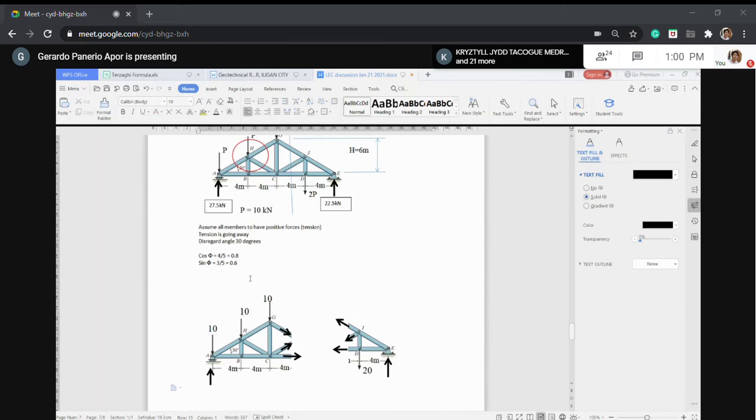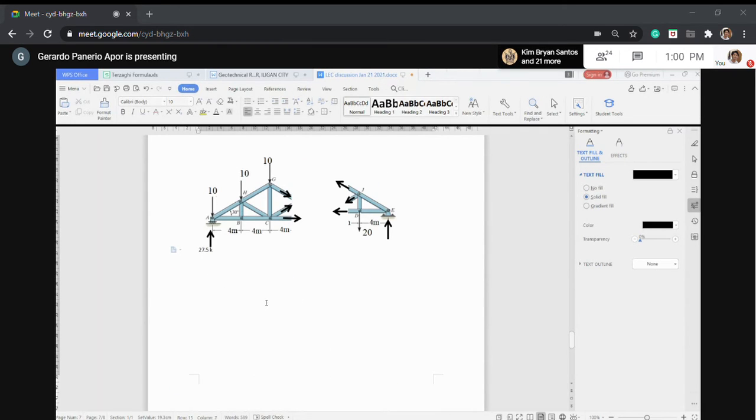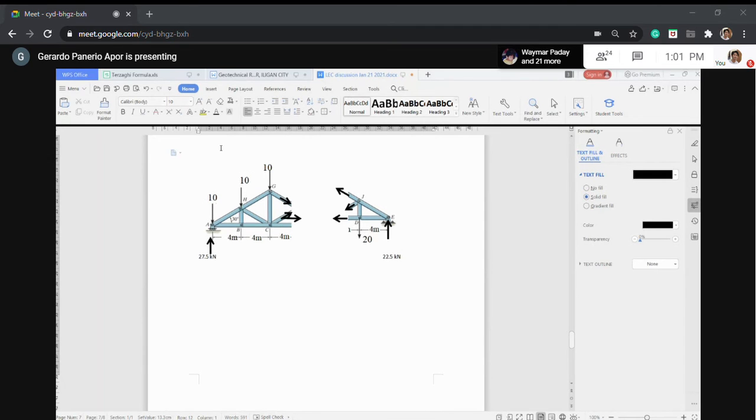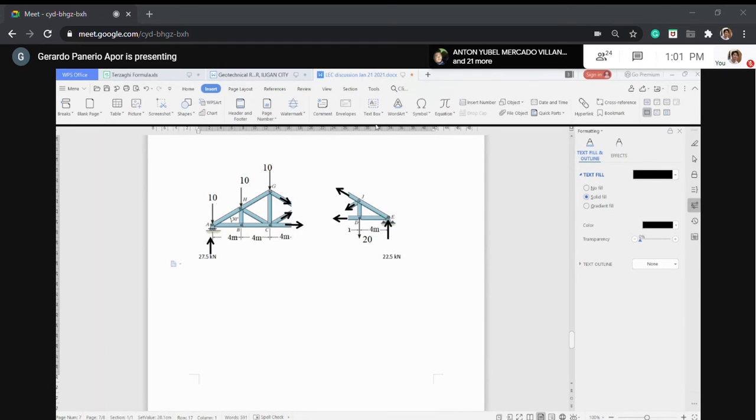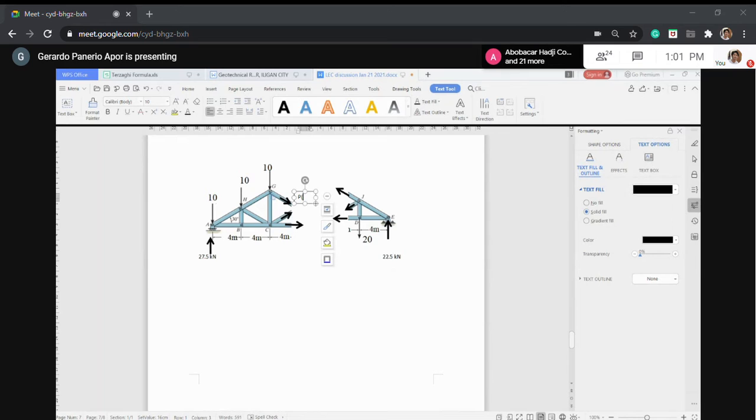This is 27.5 kN, while the other one is 22.5 kN. Now I will just put a text box on it, and name it PGG, but it should have no line.